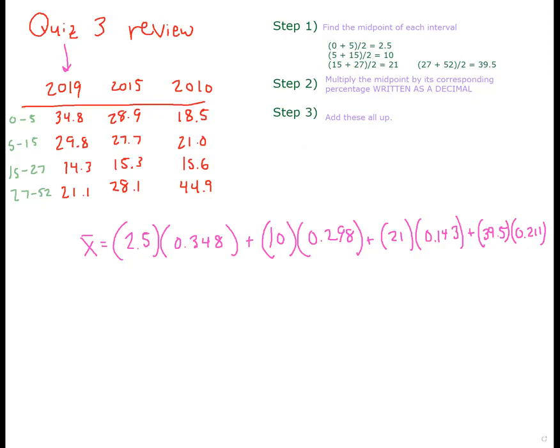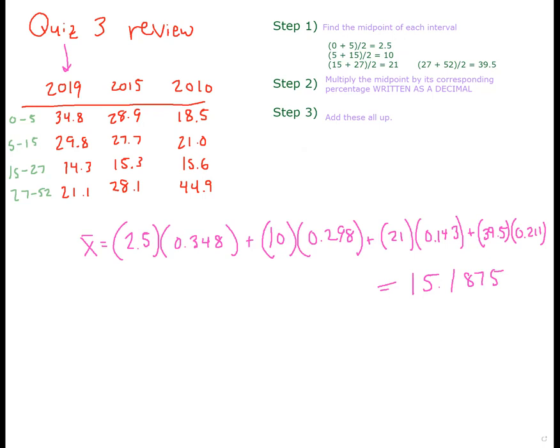So 2.5 times 0.348 plus 10 times 0.298 plus 21 times 0.143 plus 39.5 times 0.211. And this gives me 15.1875.